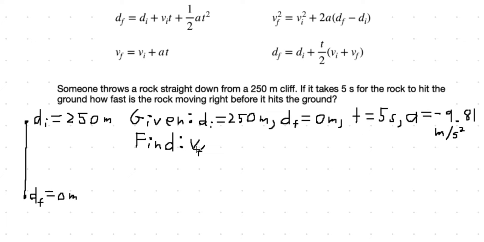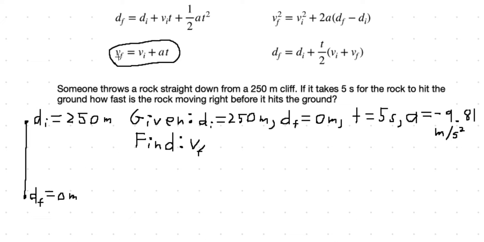So we can look for an equation that contains all these variables. And it looks like we cannot find just one equation that contains everything. So what we can do is, like we did in the last problem, we can find 2 equations and solve for the 2 unknowns that we have. So let's see, we can look at this equation here.